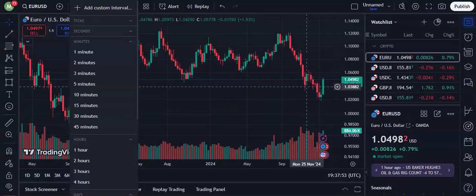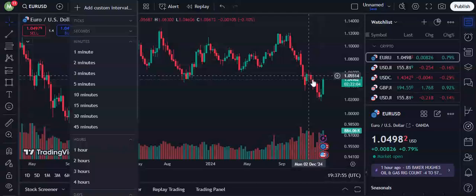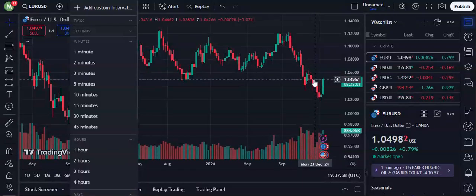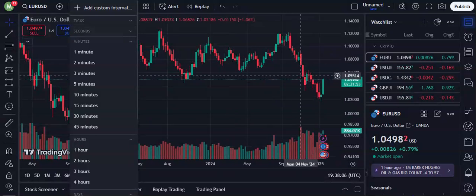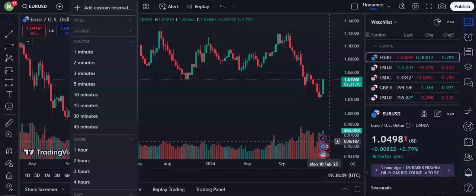But my own opinion is that around this area we should start selling. This way we should be looking for selling opportunities. But if price doesn't sell at that moment, we should look at price pushing to this area and then selling back later. So that is what we have on Euro USD.